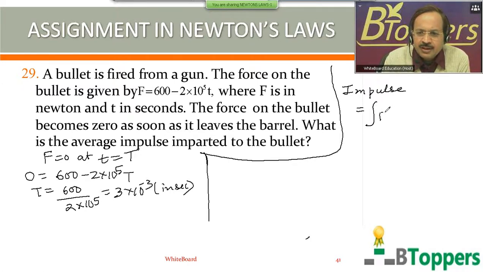That is equal to the integral of F dt from small t equal to 0 to small t equal to capital T. So you can write F equal to 600 minus 2 into 10 to the power of 5 into t.